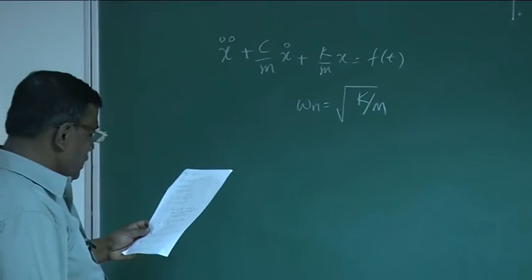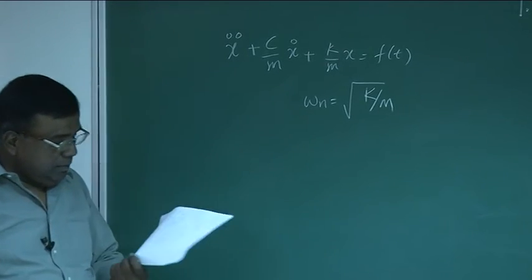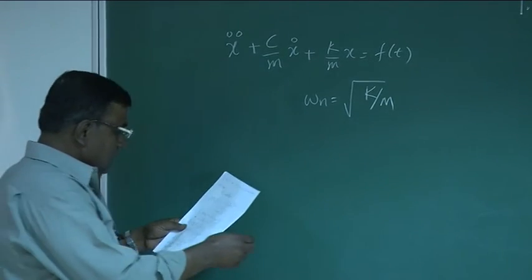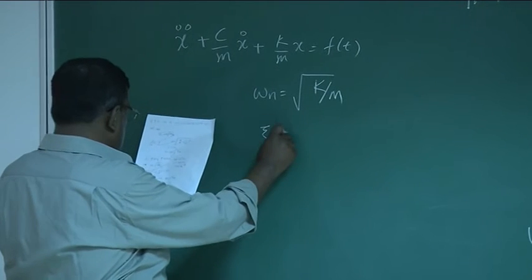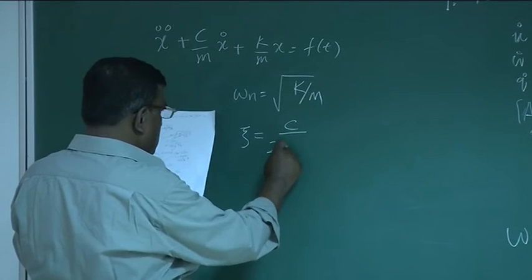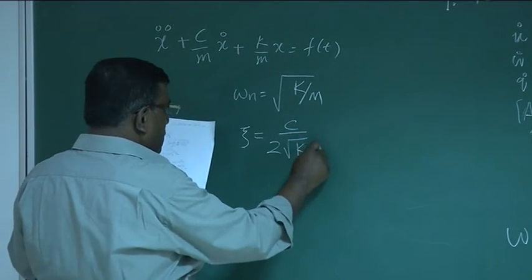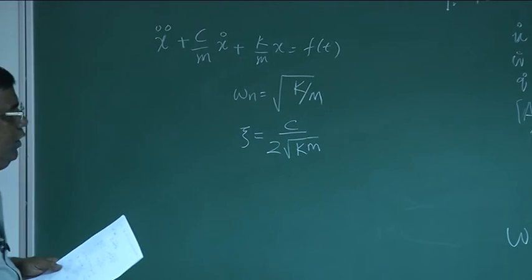So that is exactly what I am writing here. And also we are doing one substitution, and that is zeta equal to c by 2 root km. Zeta is the damping ratio.